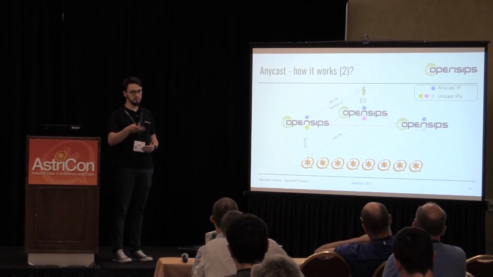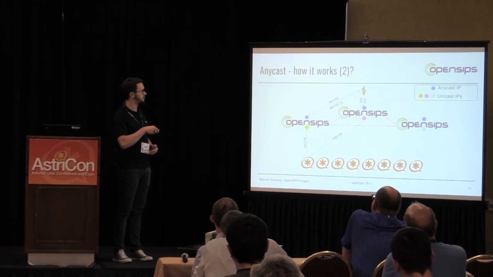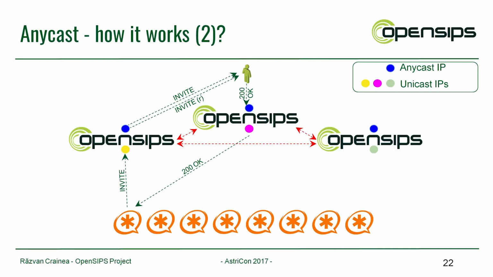You start retransmitting. So this guy starts sending INVITEs again to this guy. This receives the INVITEs and starts sending 200 OK probably here, and basically you get a lot of useless load. So we need to find a way of replicating transactions.